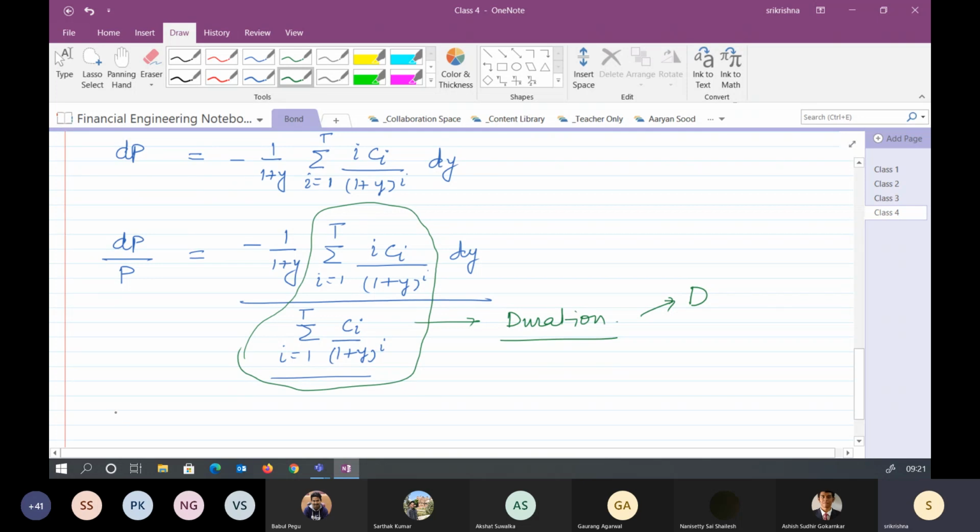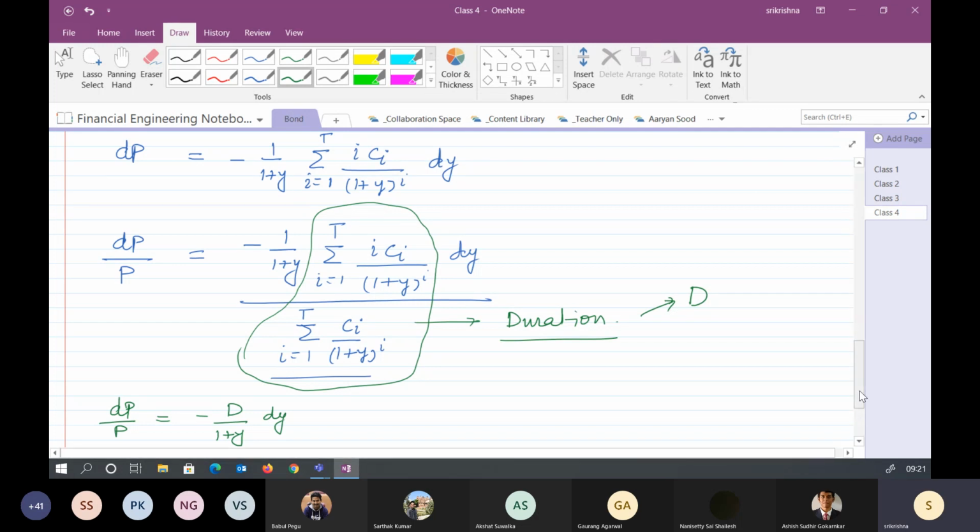If you look carefully, this dP by P has now become, this whole I have written as y, and this whole expression I have written as D. So it becomes D by 1 plus y times dy.